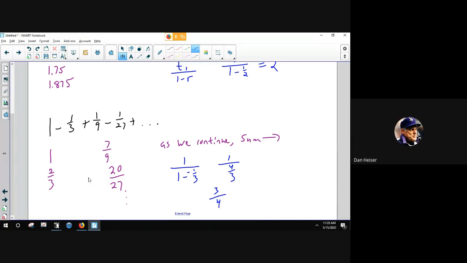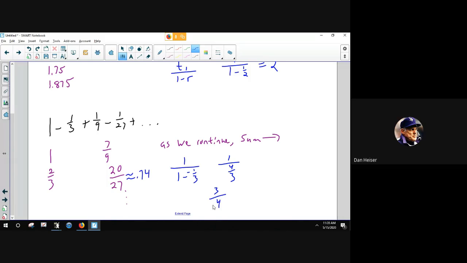And if I just look at this value right here, 20/27ths, it's approximately 0.74. And because these terms are getting smaller a lot faster, we approached this value quicker.